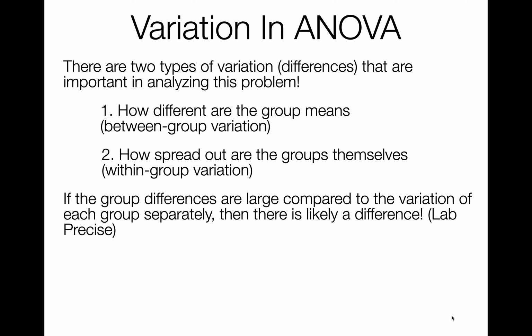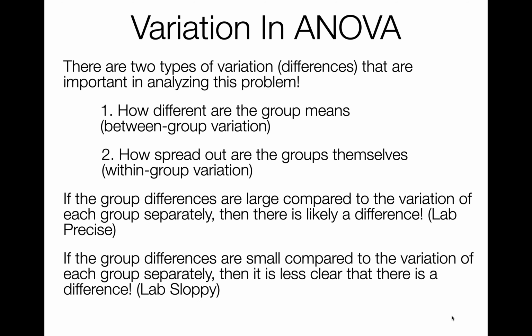There was clearly a difference because the differences in group means were much larger than the differences within each group, basically meaning that there was no overlap. And so there was likely a difference. But if the group differences are small compared to the variation within each group, then it's less clear that there is a difference, and that's the story told in the Lab Sloppy picture.